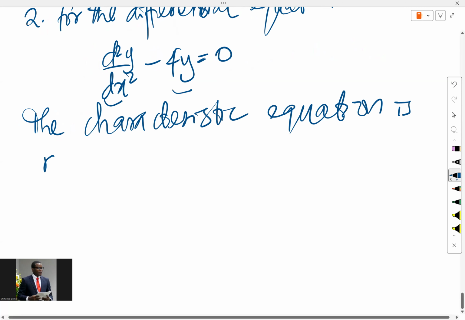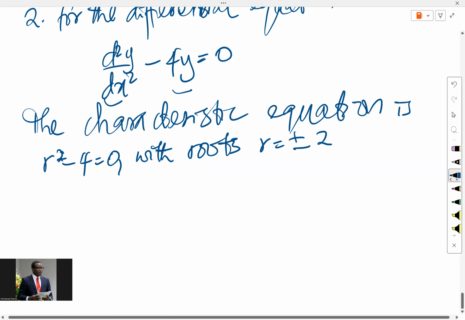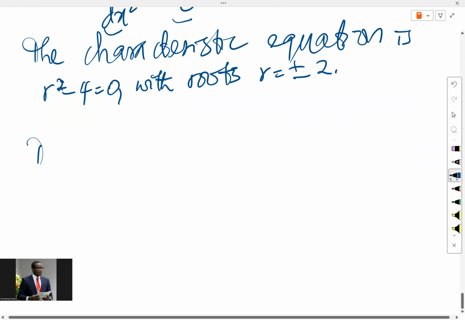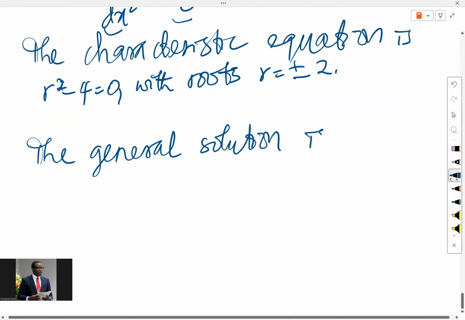That's how this pans out. So you have r squared minus 4, which is 0, with roots r equals plus or minus 2. And the general solution is y of x equals c1 e raised power 2x plus c2 e raised power minus 2x.